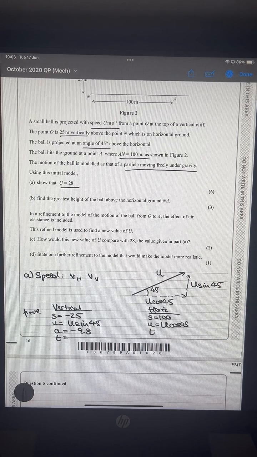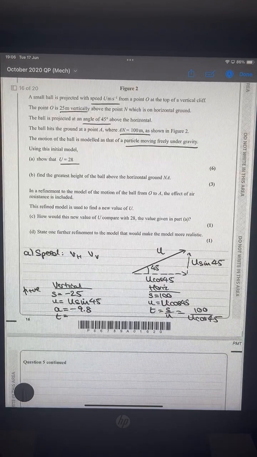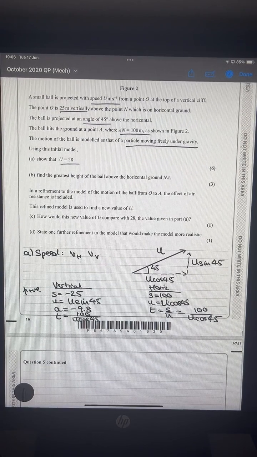The time, well, how do I figure out time? That is displacement divided by initial velocity. So that's just 100 over u cos 45. So that's my time horizontally. The time vertically is also going to be the same thing, 100 over u cos 45.